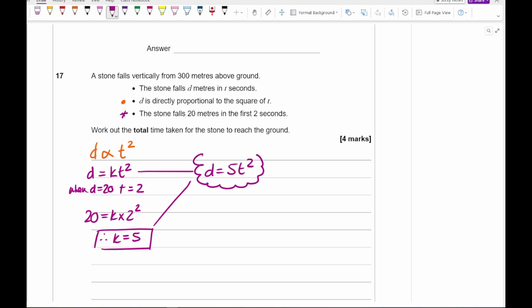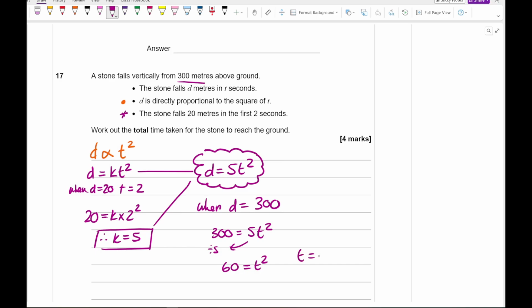Now from this, I then need to use the information which is given to me in the question, which is to find the time when d is 300. So when d equals 300, we get 300 equals 5t squared. So taking the 5 over to the side by dividing by 5, we get 60 equals t squared.